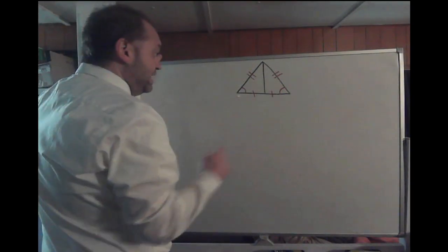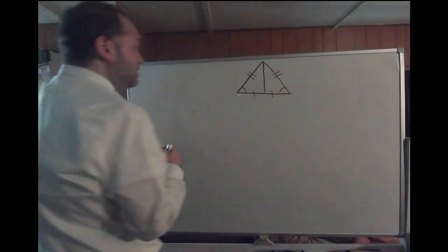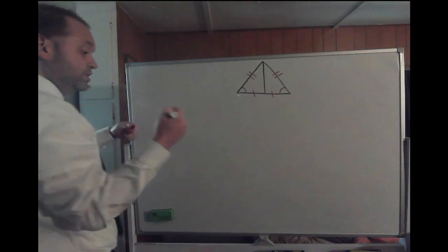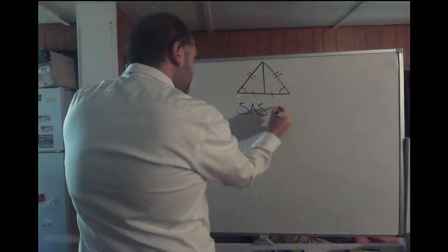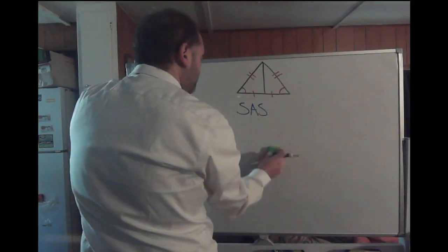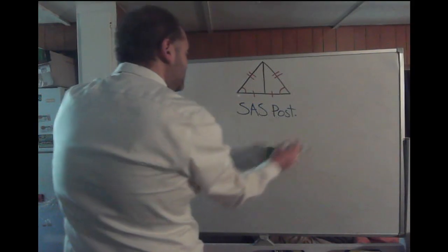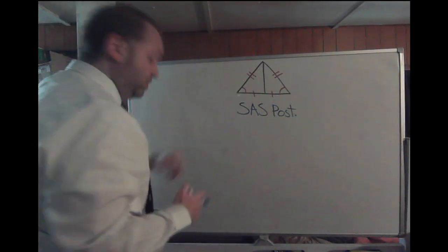Now that we can determine that by the isosceles triangle theorem, you have a side, angle, and side of each triangle congruent. So these two triangles are actually congruent by the side angle side. It's actually a postulate, not a theorem. I gotta correct that. There we go. By the side angle side postulate, both of these triangles are congruent.